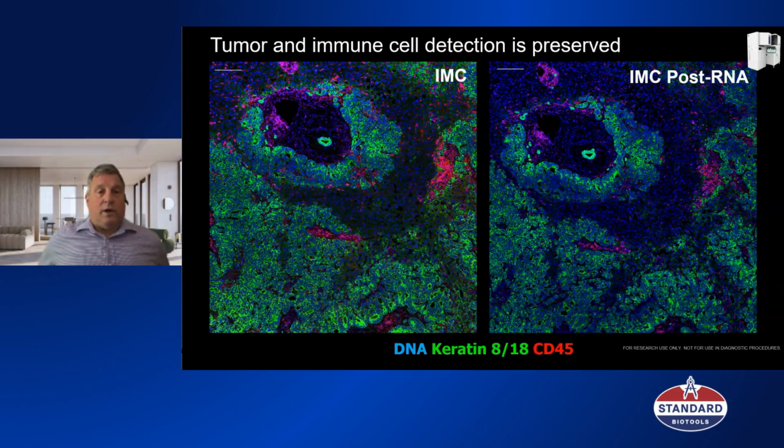Here are some images. The one on the left is the imaging mass cytometry image of this sample, showing the DNA, the nuclei in red, the keratin in green, and CD45 in red. And the image on the right is also run on an IMC system, but it's run after the Xenium process. So the one on the left is without the Xenium process, the one on the right is with, and they look incredibly similar.